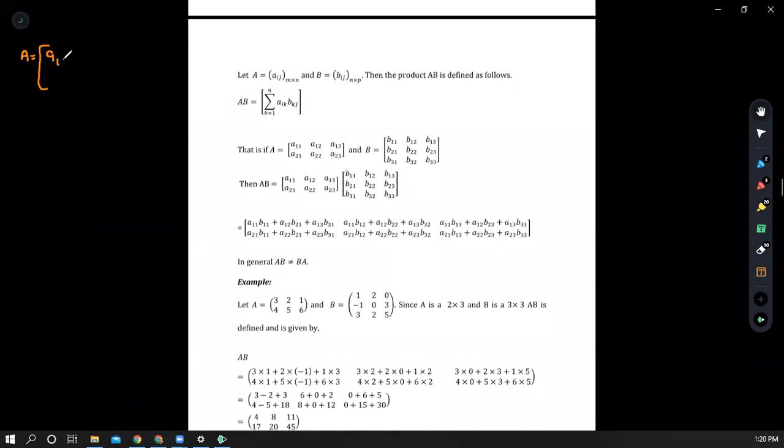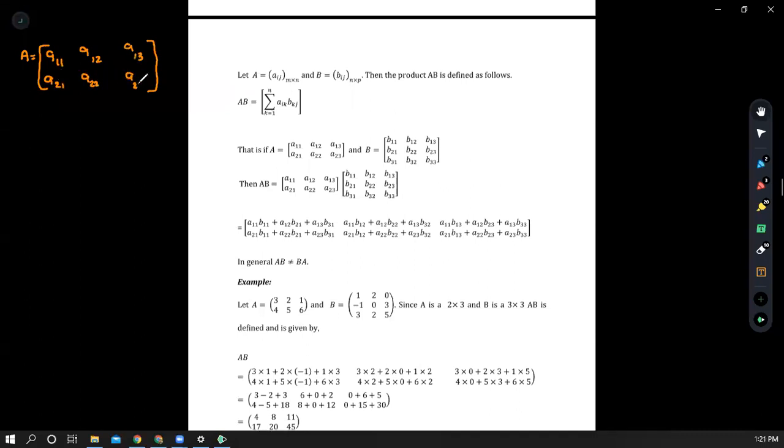Here it is A11, first row, first column element. Then likewise A12. Matrix A has three columns. Then A21, A22 and A23.